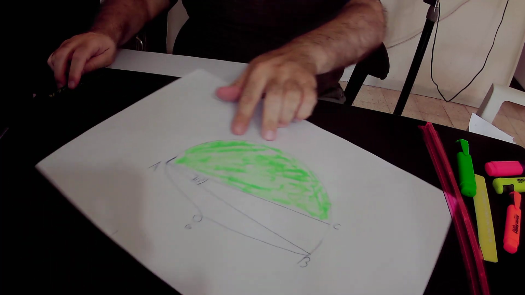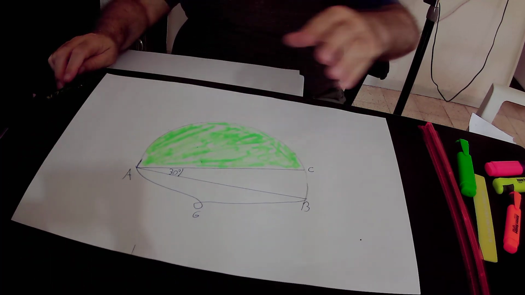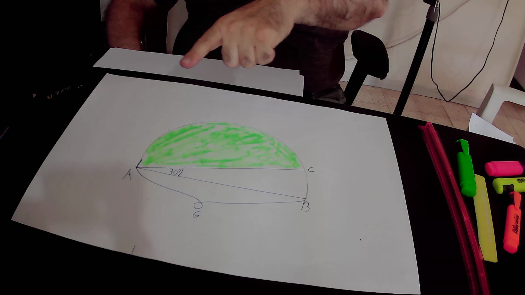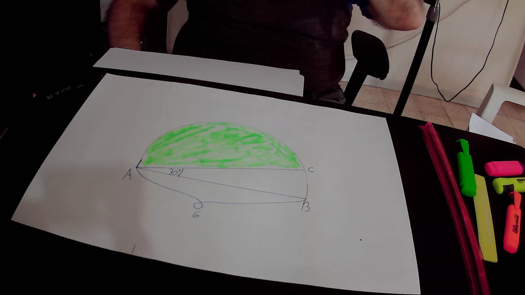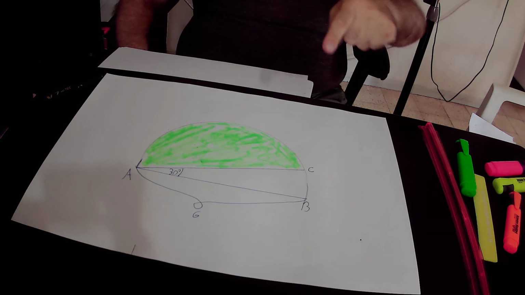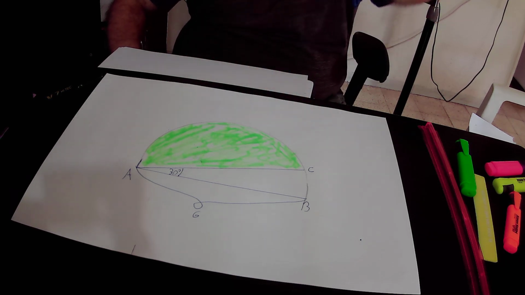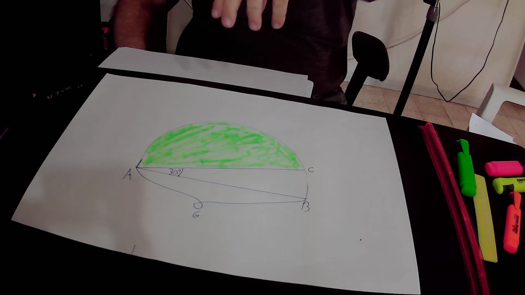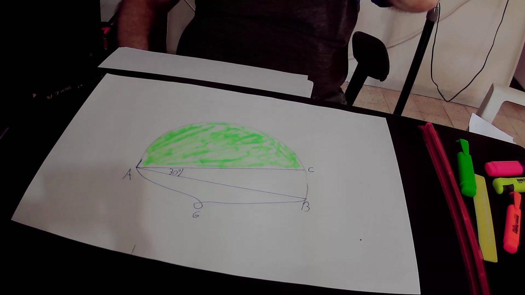In the drawing, we have a semicircle. We know that the diameter of this semicircle, AB equals to 6 units. Angle CAB equals to 30 degrees, and our mission is to find out the area of the green shape, the value of the area of the green shape.